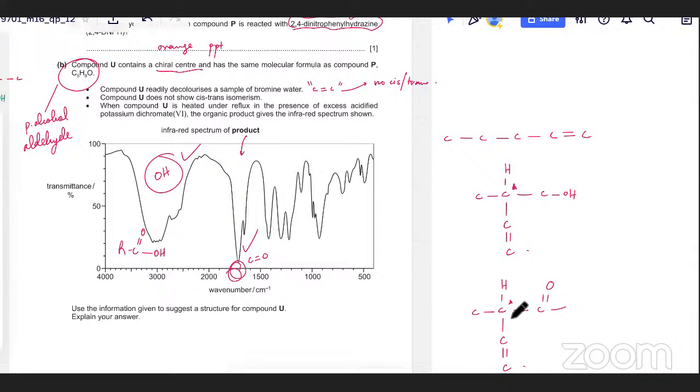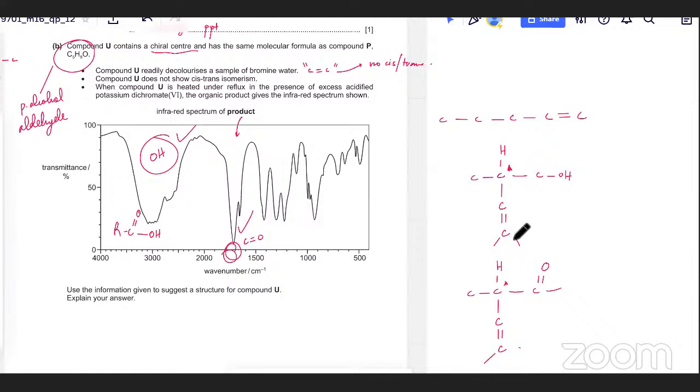Do we have any other information? The double bond must not show cis-trans, so if it's at the end, it will not show cis-trans. That's also fine. I'm going to add in the hydrogens. There are 8 hydrogens: 1, 2, 3, 4, 5, 6, 7, 8.